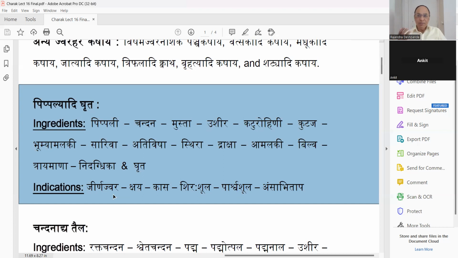So to improve the unctuousness of the body, immunity of the body, we always use the medicated ghee.